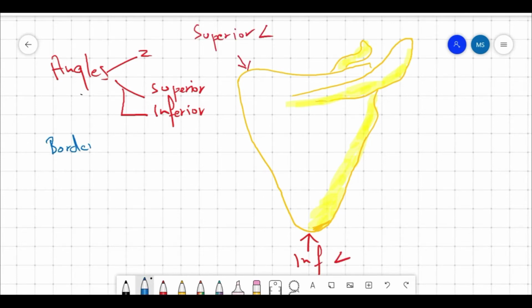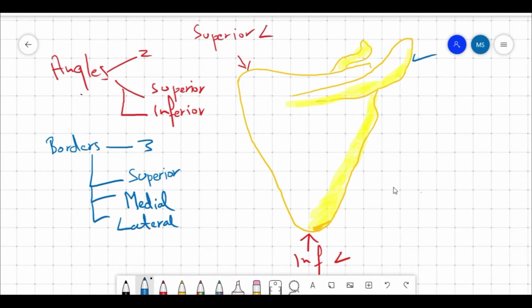Borders: there are three borders of scapula, superior border, medial border and lateral border. The processes that you see in the scapula are at the lateral side.